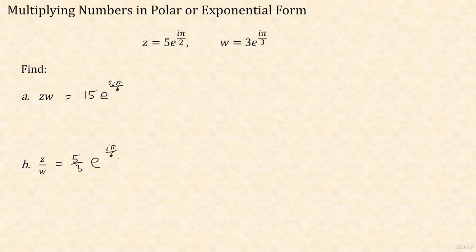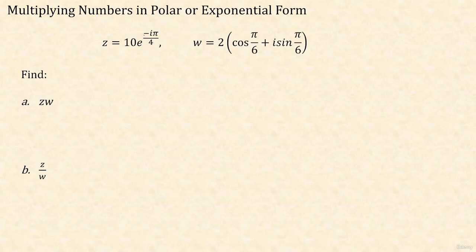Let's take a look at this one here. So this one's in exponential form, this one's in modulus argument form. So zw here, we multiply the moduluses, so 10 times 2 is 20, and then we add the arguments. So the arguments here are minus pi over 4, so minus 1/4 pi, and then on this one it's pi over 6, so plus pi over 6.